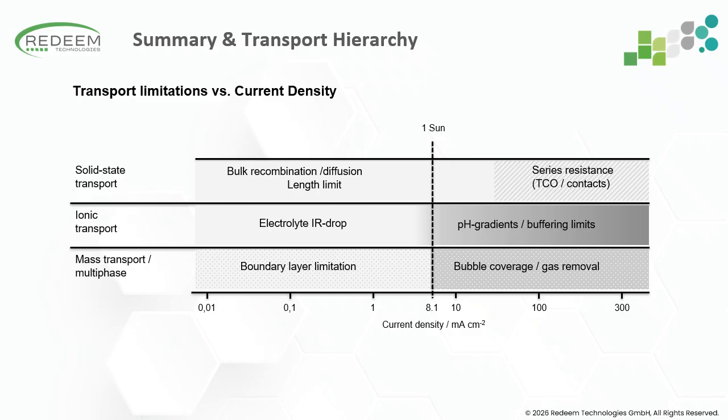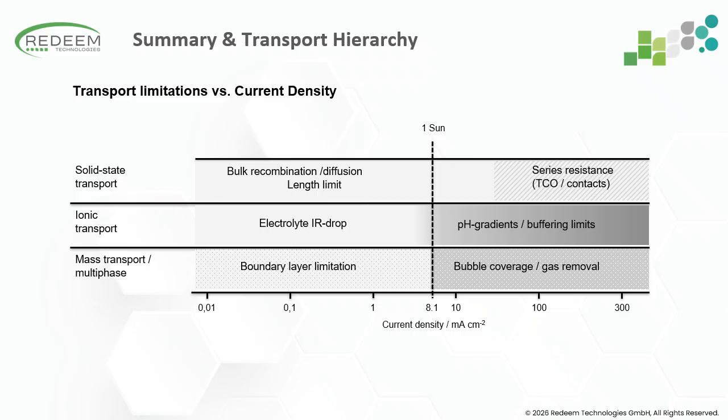Then in the middle, in the electrolyte, low current densities are mainly affected by ohmic losses, and at higher current densities, concentration gradients and local pH changes become the dominant limitations. And then at the bottom, finally, in the liquid phase, diffusion through the boundary layer limits transport initially, but once significant amounts of hydrogen and oxygen are produced, bubble accumulation and gas removal become the major bottlenecks.